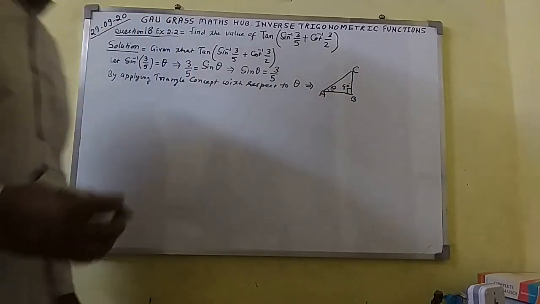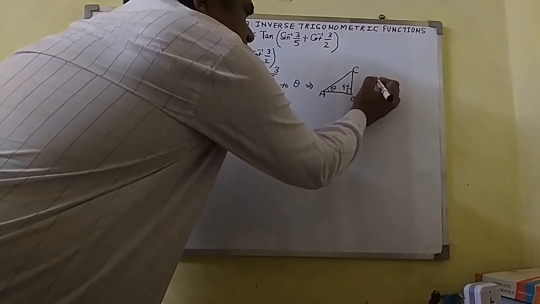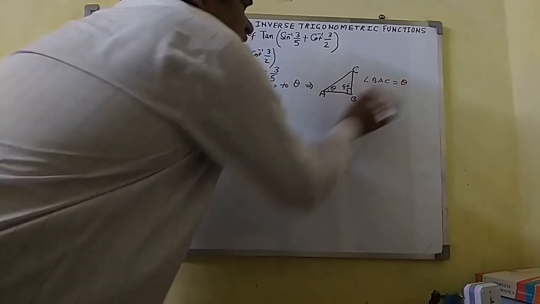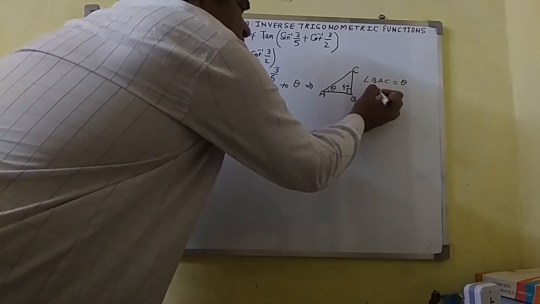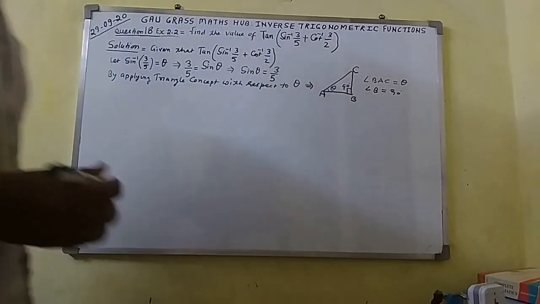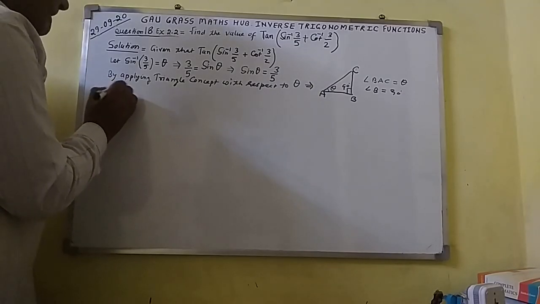So you can say angle BAC equals theta and angle B equals 90 degrees. Then you can write sin theta.